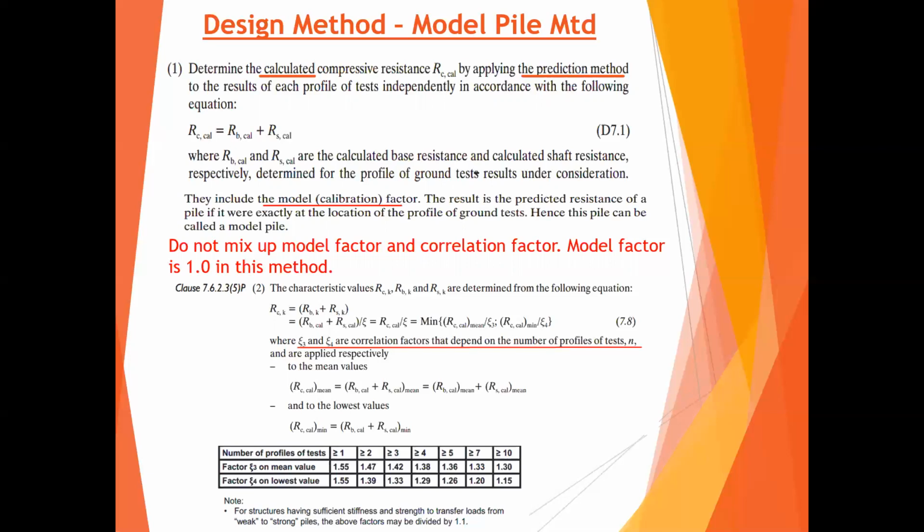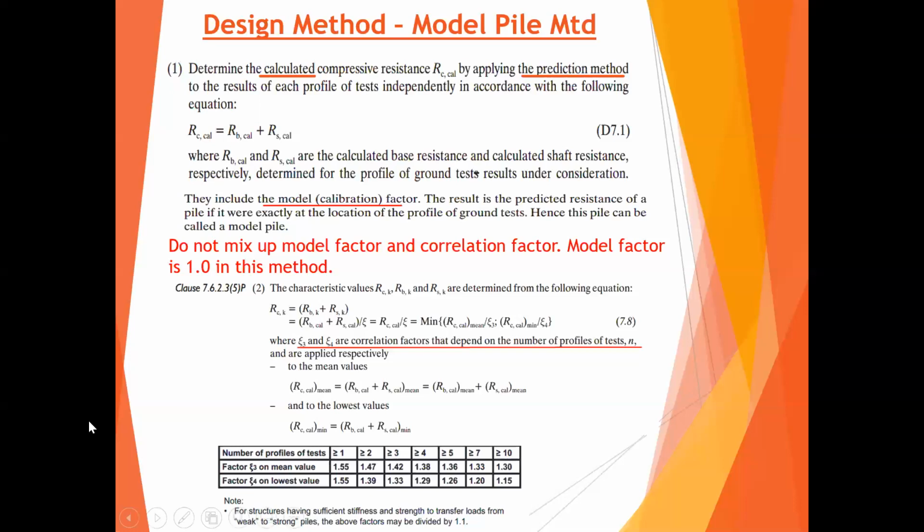So we will take the mean, divided by correlation factor number 3, and also the smallest calculated value divided by correlation factor number 4. From there, we know the characteristic resistance of this pile. Then from there, we will deduce the respective characteristic base and shaft resistance.